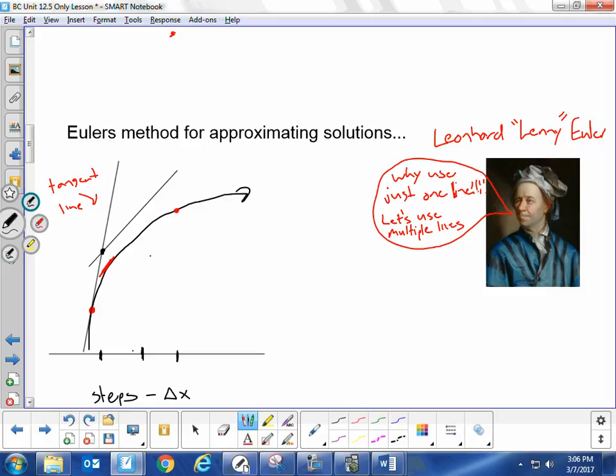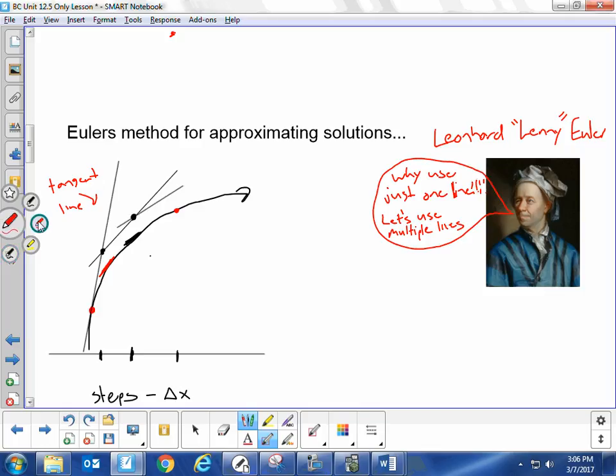Now we go to our second step. Let's take it right there. And he says, use this tangent line to approximate this value. Fantastic. And then he says, okay, we got one more step. So let's look at this tangent slope right here. It's like that. So I will create another tangent line, pretending like it's on that line.